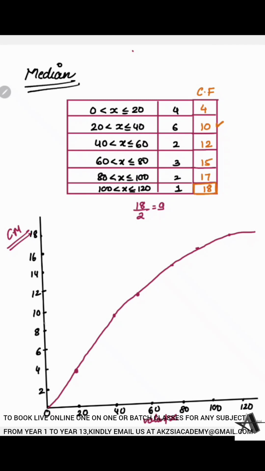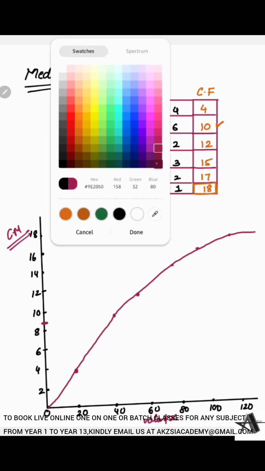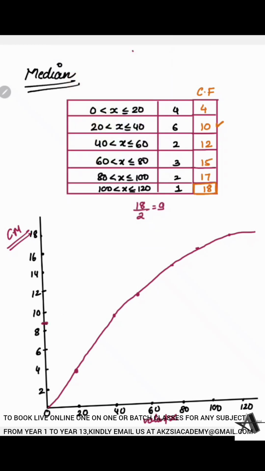So at 9, you have to draw a straight line across to the curve, and once you reach it, draw a vertical line down. You get an answer approximately 36. So this will be your median.